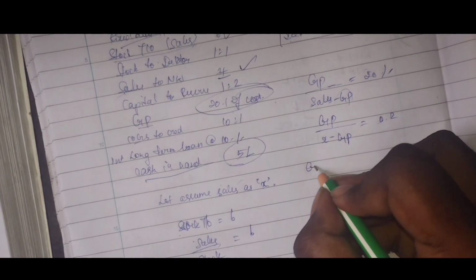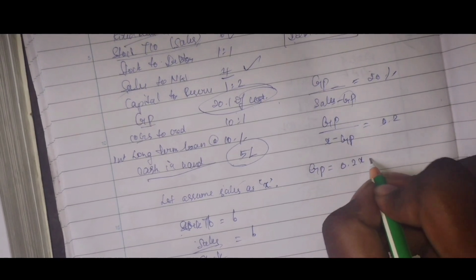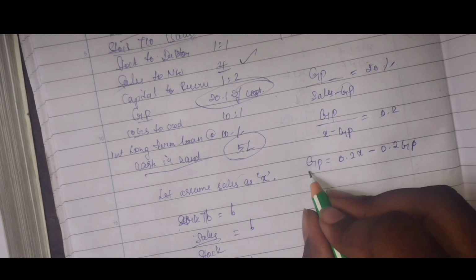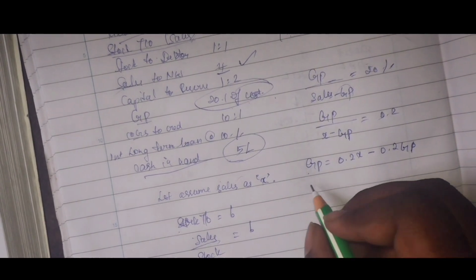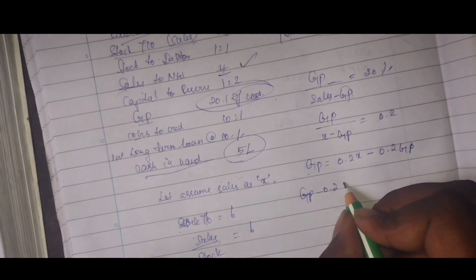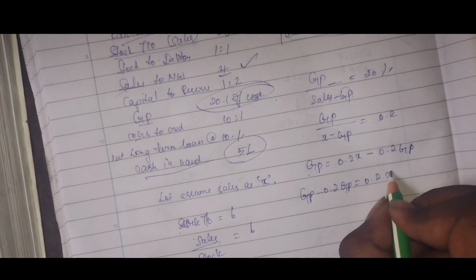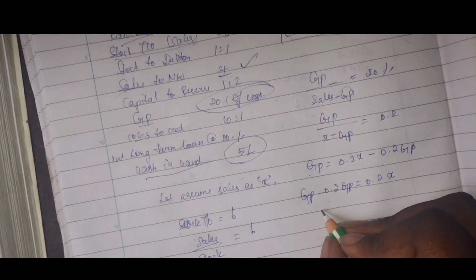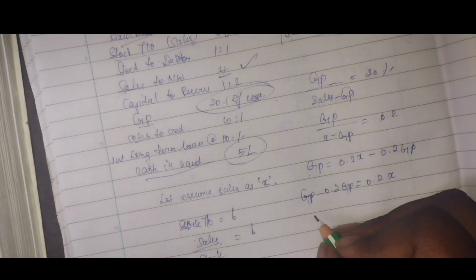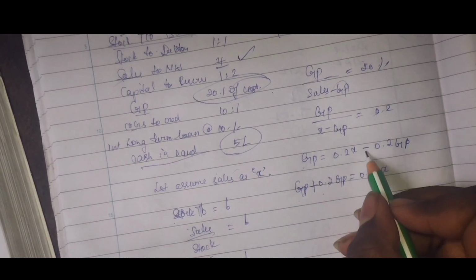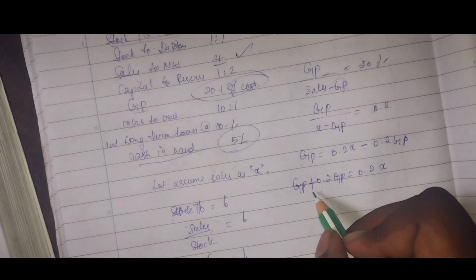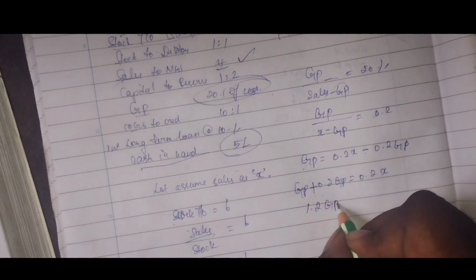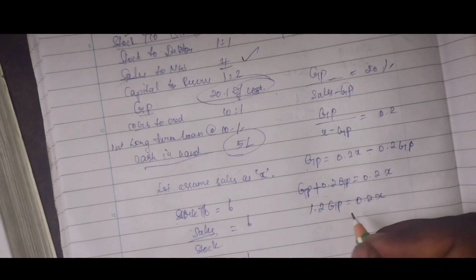When we cross multiply this, we will get 0.2X minus 0.2 gross profit. When the gross profit goes here, gross profit plus 0.2 gross profit is equal to 0.2X. 1 plus 0.2 becomes 1.2 gross profit is equal to 0.2X.